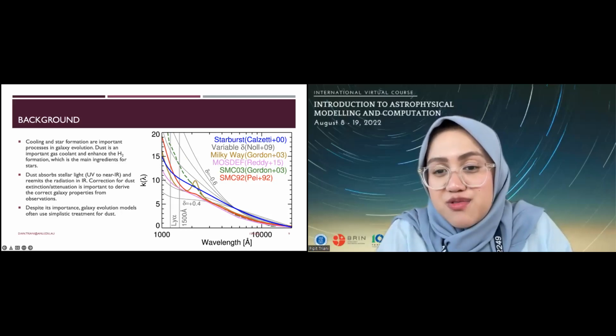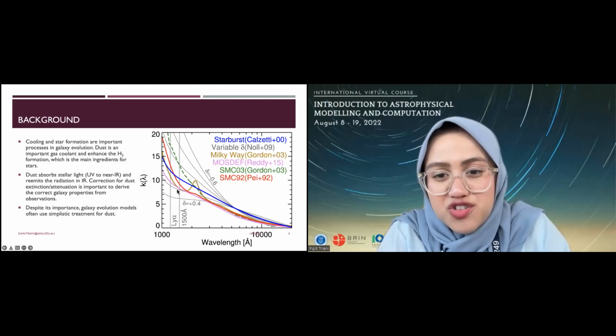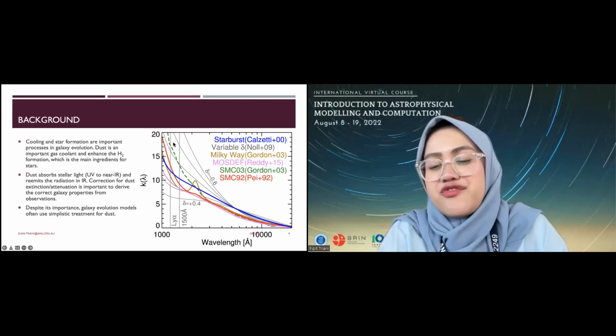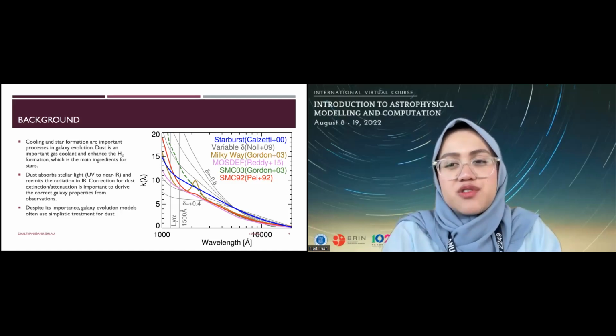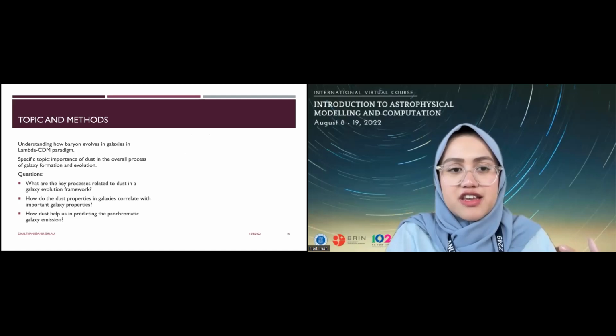The green and red lines, for example, show the attenuation curve of the Small Magellanic Cloud from two different works, and it looks different. So that's why it's very important to do the attenuation correction, so then we can get the stellar emission correct in the SED.